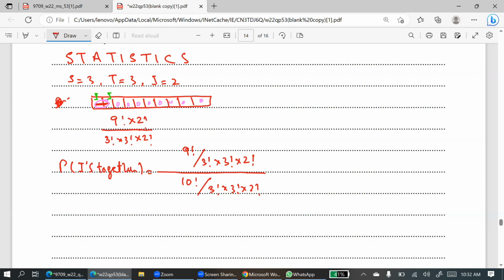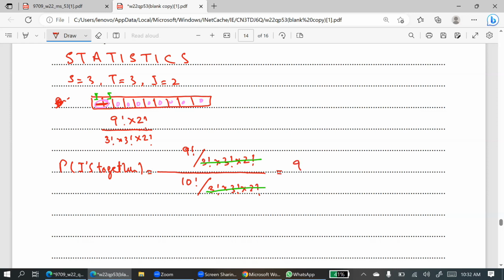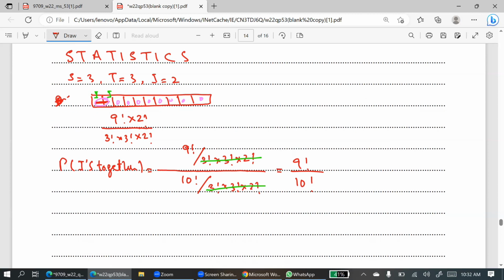Now you can see that we will cancel out these 3 factorial with these 3 factorial, 3 factorial, 2 factorial with 3 factorial, 3 factorial into 2 factorial, and the final answer is 9 factorial over 10 factorial. Now in the case of probability, if we will not consider the repetition of elements, will there be any difference?